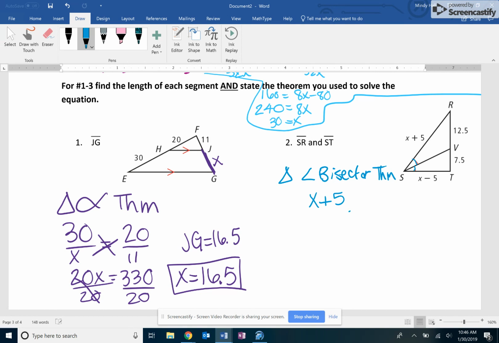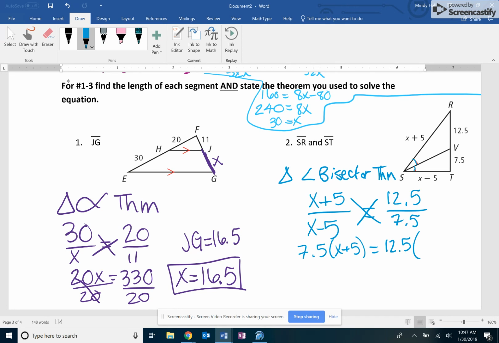So then we just set up the proportion. If you want, I'll do it differently this time. We'll do x plus 5 over x minus 5, and then 12.5 over 7.5. Okay, so when we cross multiply, we have 7.5 times x plus 5 equals 12.5 times x minus 5.